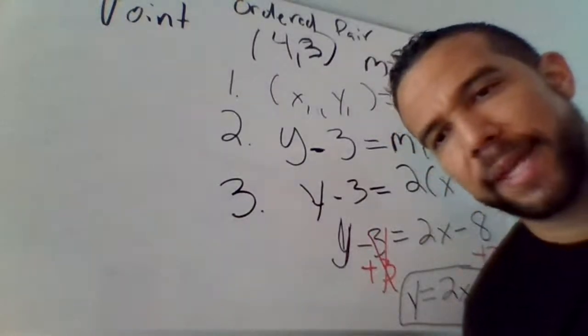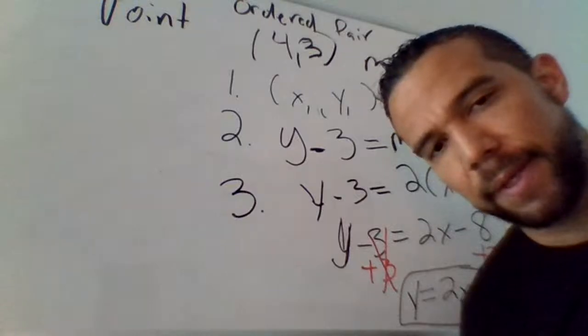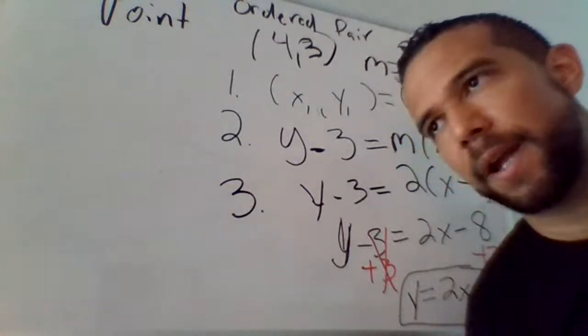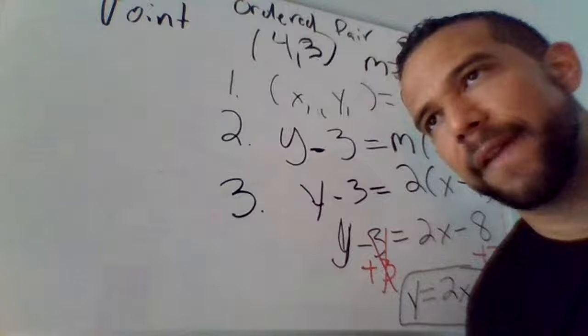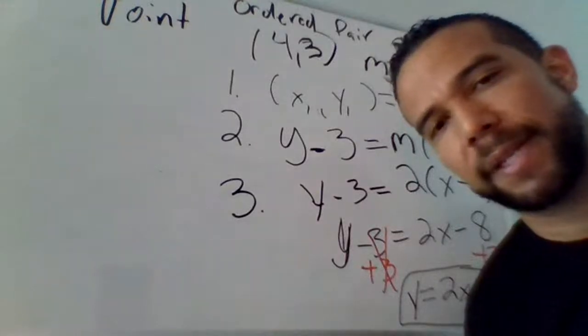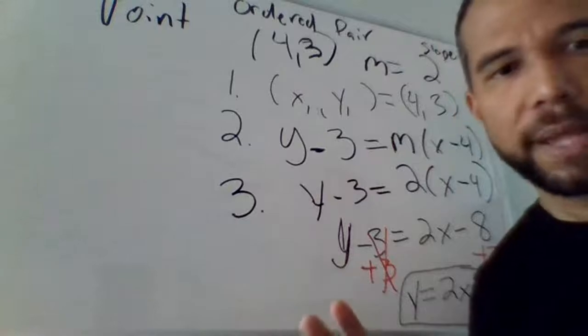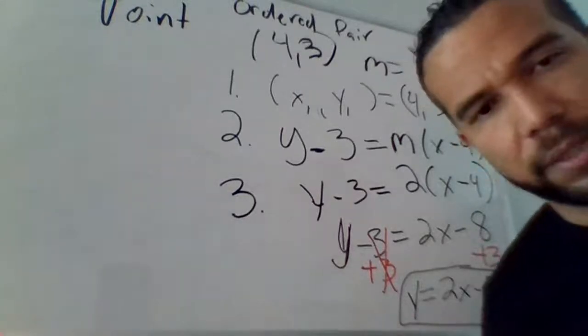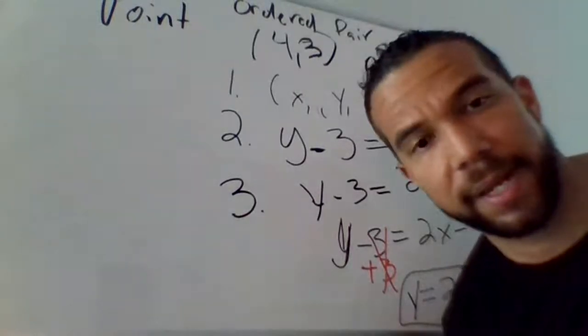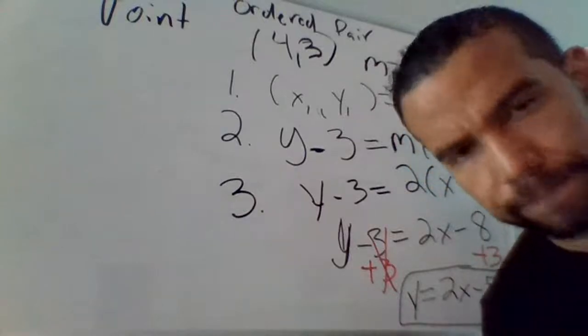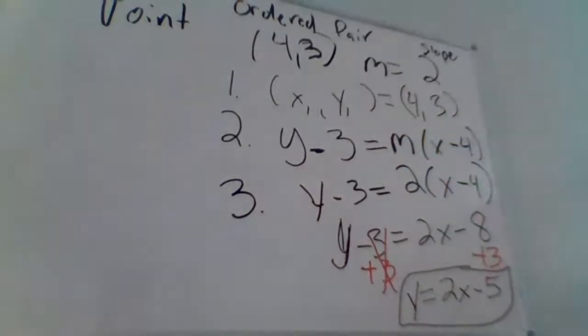There are several ways to get down to an answer. As long as you can defend what you're doing, in the sense that you know why it might be better to use example 2 as opposed to example 1, depending on the slope and what the x and y are, then you're fine. All right, let's try one.